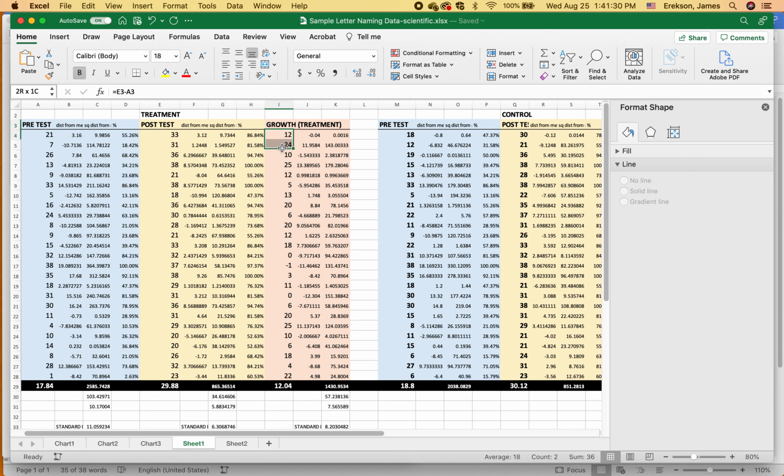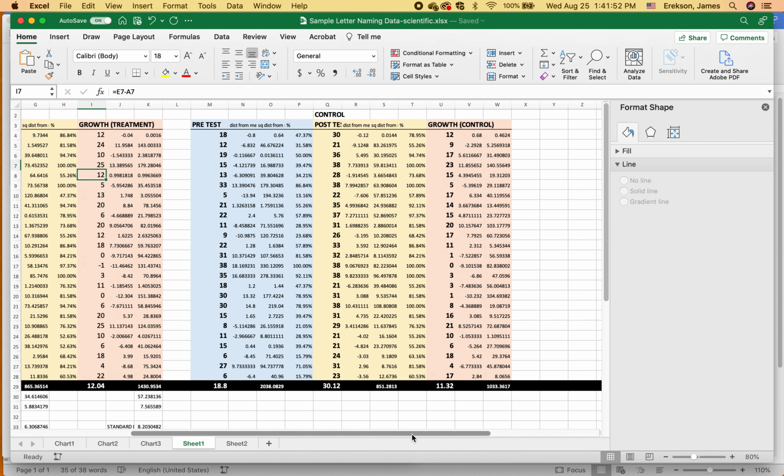You can see that average isn't perfectly true for everybody. Some people grew a little bit, some people grew a lot, some people grew right close to that average of 12, but not everybody was right at that average. So I have to think about what that average means in terms of the control group.